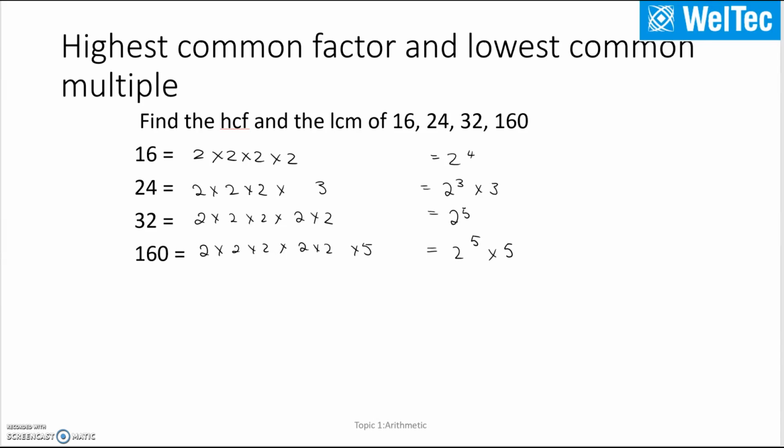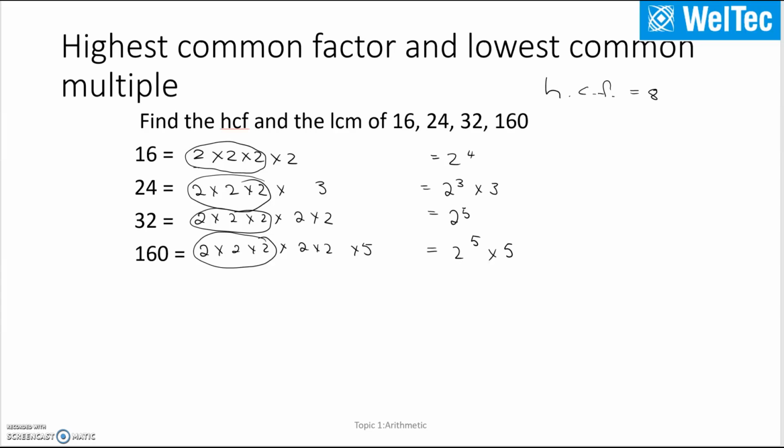Now, all we have to do is find what's common, and the biggest number of 2's common to all of the numbers is 3 of them, and 2 times 2 times 2 is 8. So the highest common factor is 8.